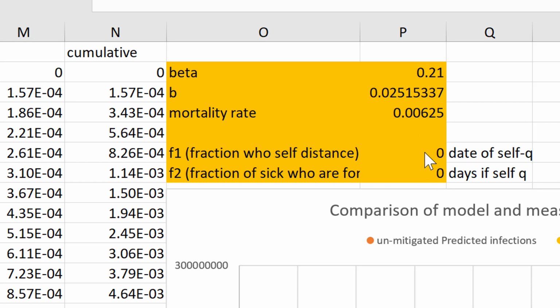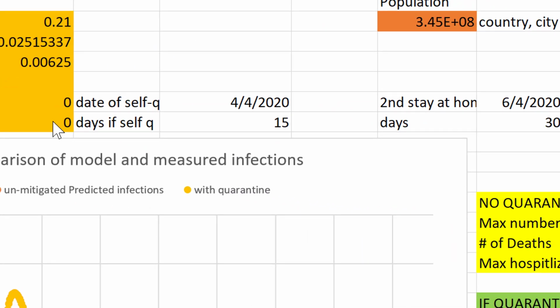I have two other terms that I can enter into this spreadsheet. They are this term F1, which is the fraction of the population that engages in self-distancing. F2 is the fraction of the population who is forced into quarantine because they are showing symptoms or have tested positive for the infection. You will notice that I also have a date of self-quarantine.